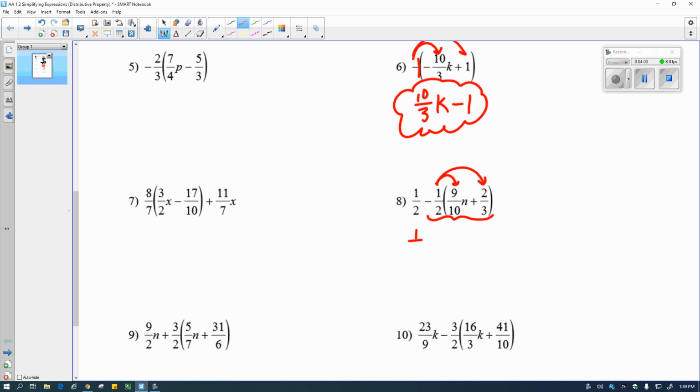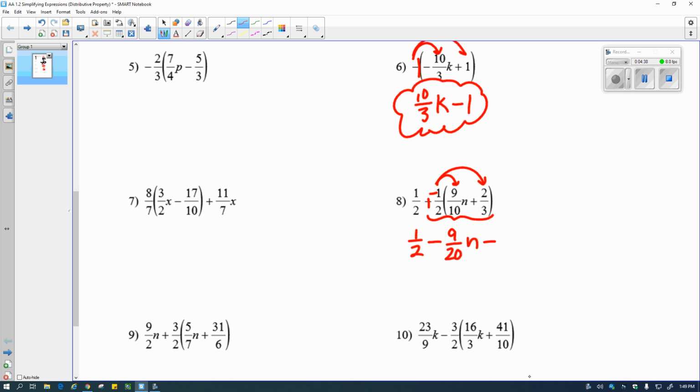So this is going to be 1/2 minus, then I'm going to do 1/2 times 9/10. So that would be 9/20 n. Oops, I'm sorry, because it's a negative, that would actually be minus there. You can treat this like plus -1/2. That's why this first term became negative, which means the next term is going to become negative as well.